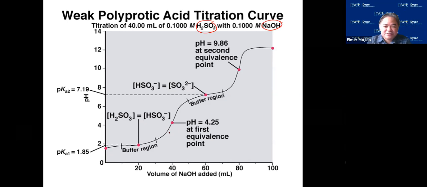So you have here a buffer region, and then the pH at the first equivalence point, and then you go to another buffer region, and then you get to the second equivalence point. So we could say this is Ka1, and this is Ka2.